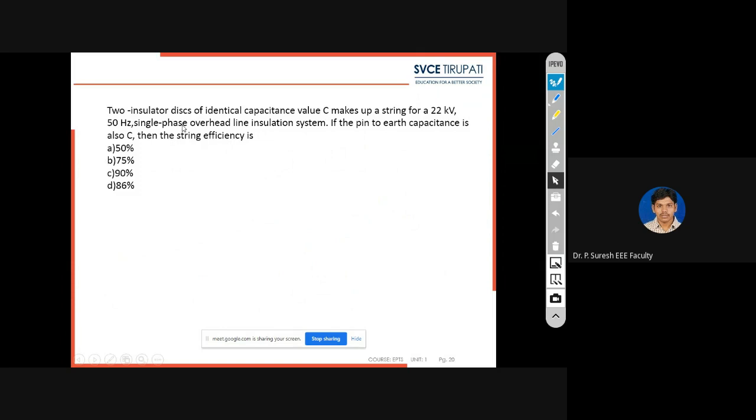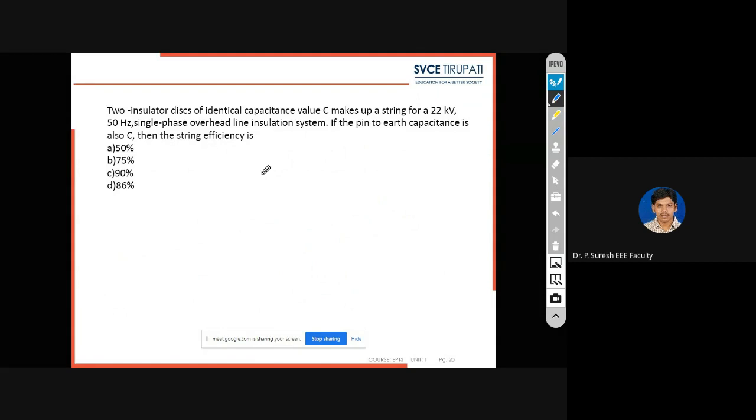They have given the pin to earth capacitance equal to the pin to pin capacitance, and we need to find the string efficiency. How many disc insulators are there? 2.